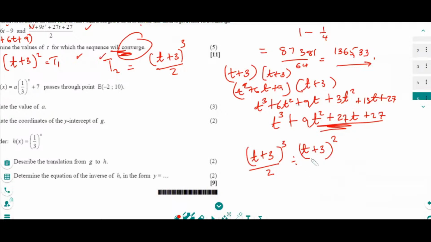So instead of dividing like this, I'll just transpose that sign. I'll change it to multiplication, and then I'll have t plus 3 squared down here. I cancel out this with 2 of the brackets. I'll only be left with t plus 3 over 2. So this is my common ratio.